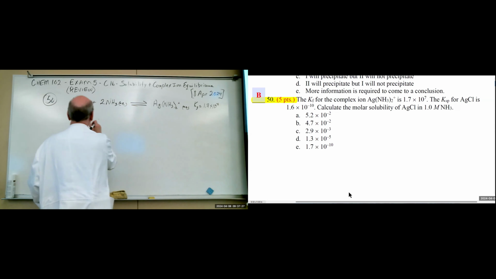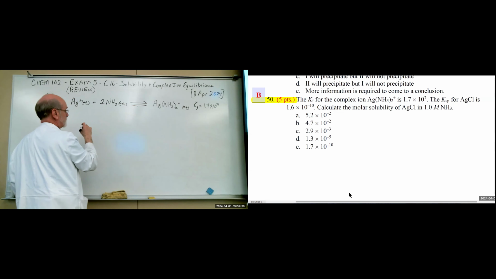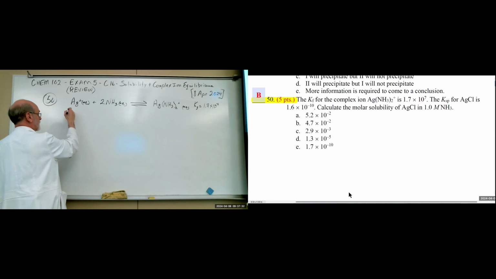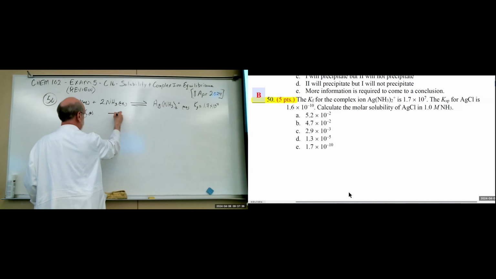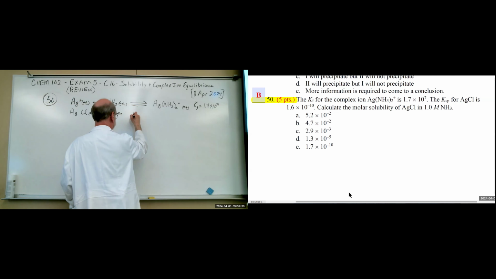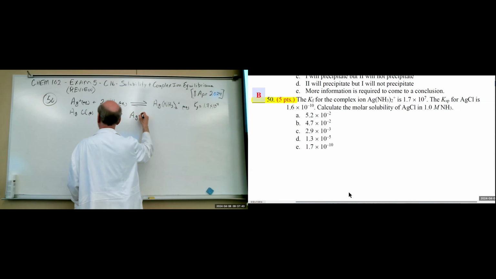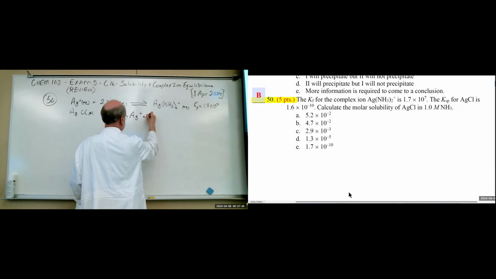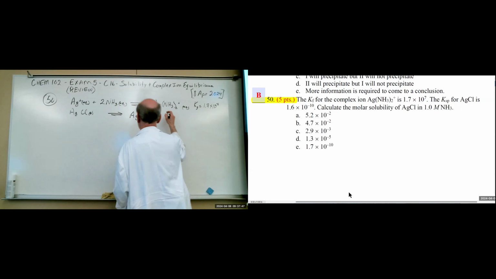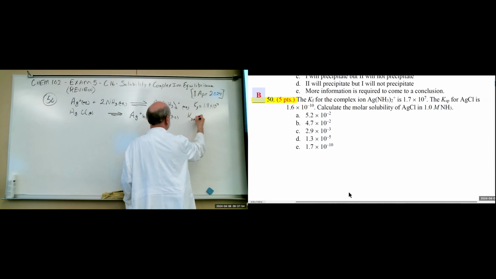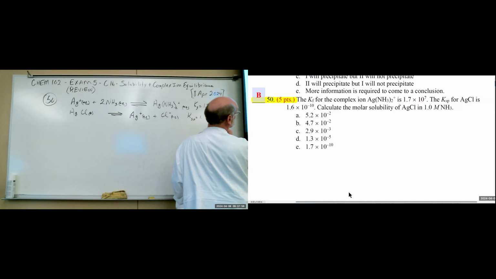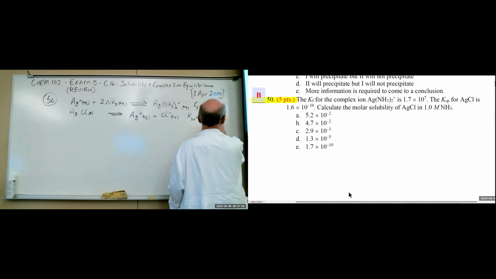And then we've got silver chloride, the solid that we're trying to solubilize. So it's going into solution this way, with the chloride, and this KSP is equal to 1.6 times 10 to the minus 10.